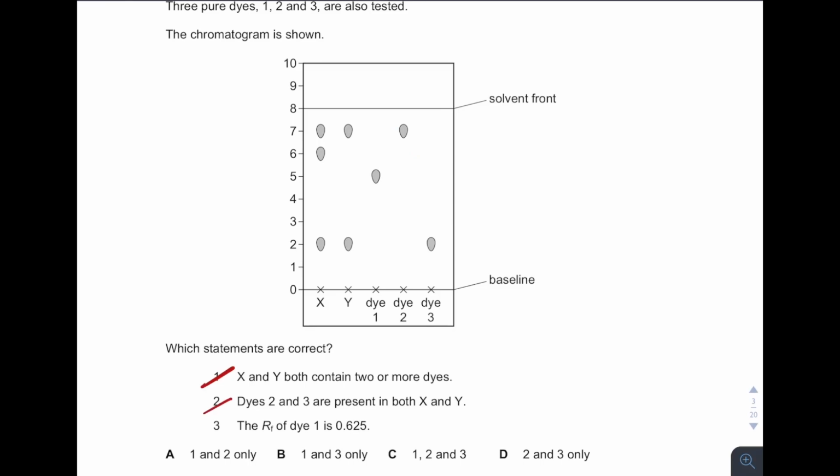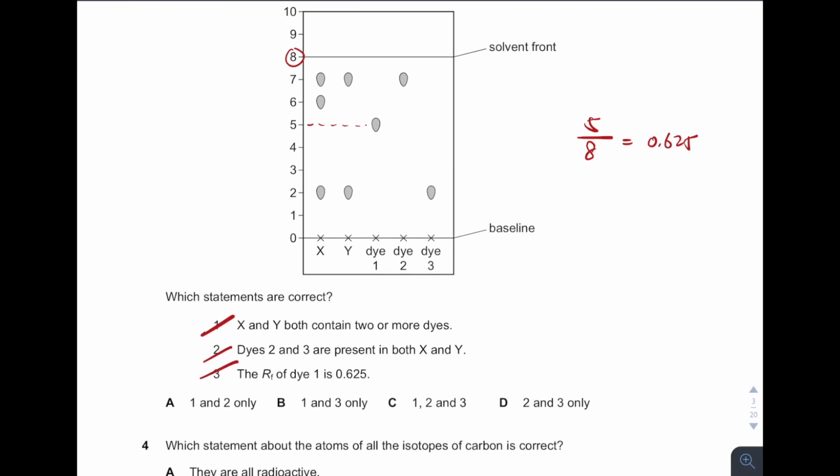Statement 3: how to do the Rf value? Remember it is the distance traveled by the dye, which is 5, divided by the distance traveled by the solvent front, which is 8. So you will get 0.625. It is correct. So the answer is C.